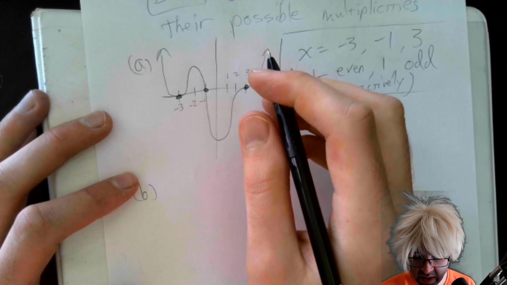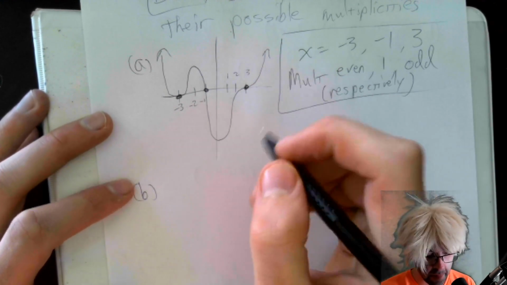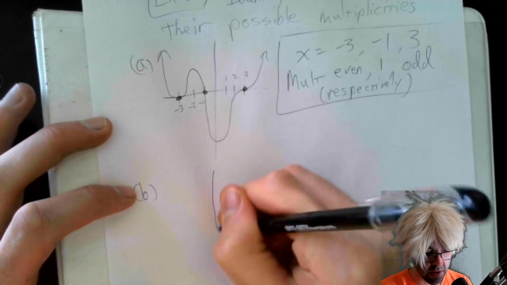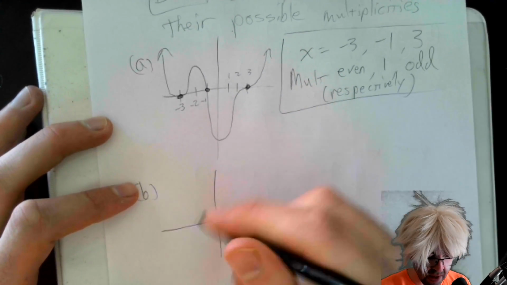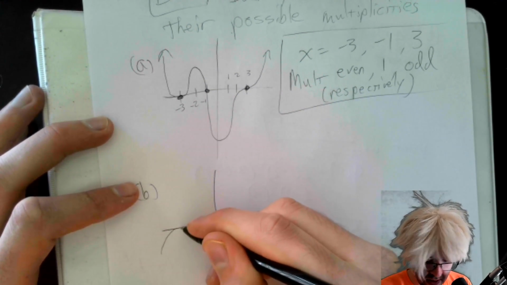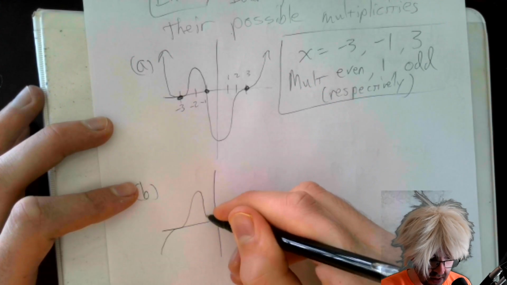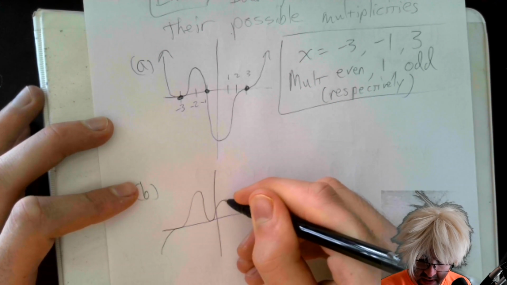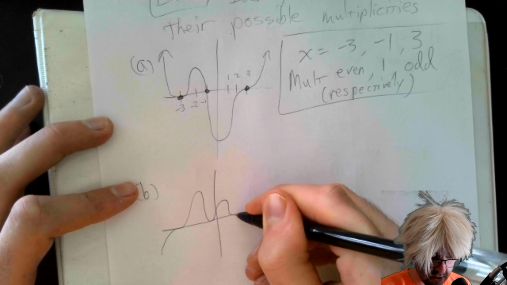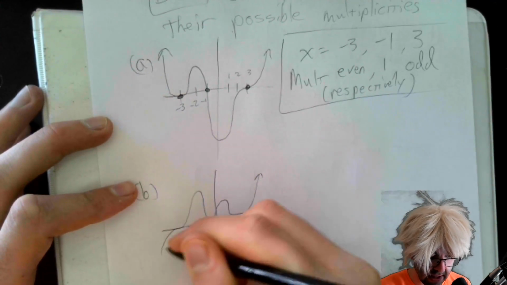Part B is a real wavy boy. So, part B, let's say we have something like this. Kind of goes through it. Then it bounces. Then it gets really flat, like that.